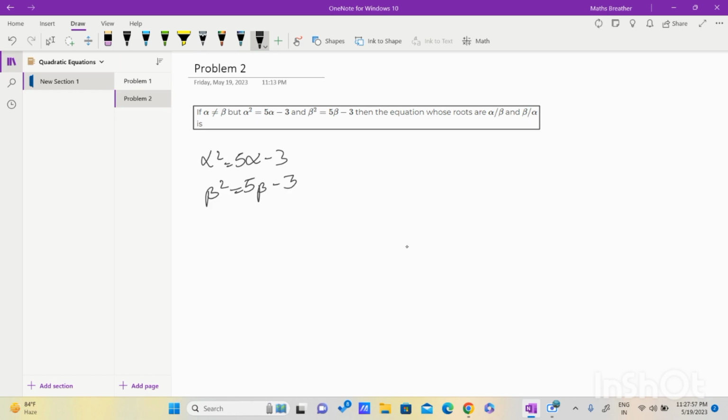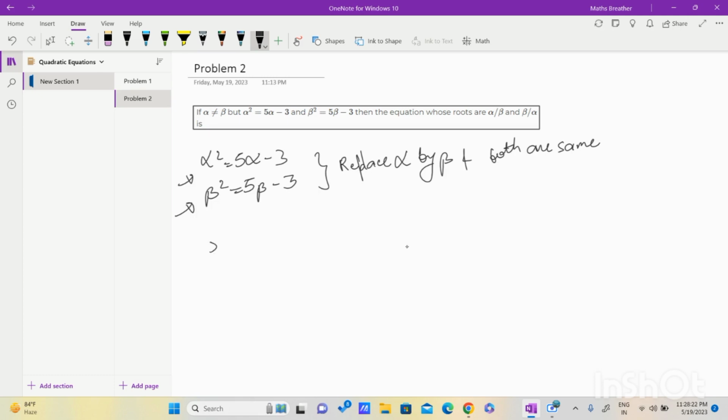Then the equation whose roots are alpha by beta and beta by alpha is. So first of all, doesn't this equation seem the same to you? I mean, you just replace alpha by beta and both are the same.